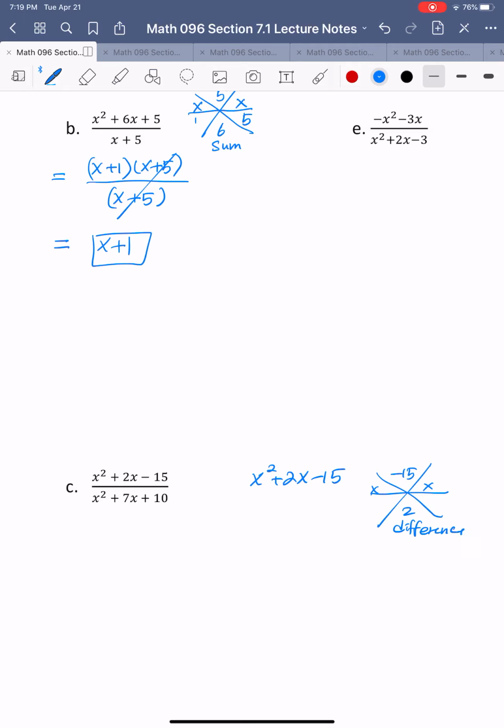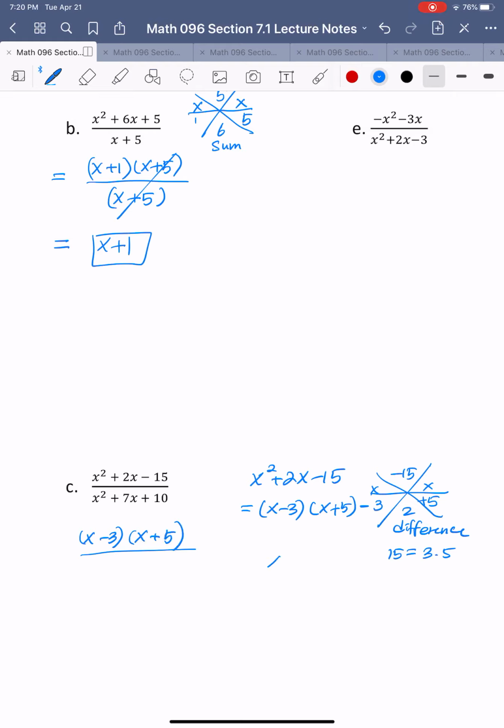So find two numbers from 15 with a difference of 2. 15 is 3 times 5, but I need a positive 2, so one negative and one positive. So this comes out as x minus 3 times x plus 5, which is the factored form.